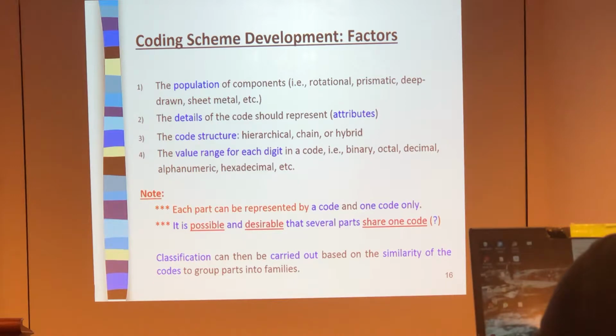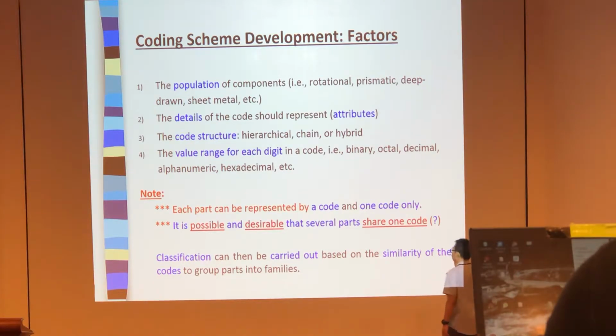That's the first requirement. And the second one, a part can only have one code. You're not undecisive, for a certain digit you don't know which is which. That's not right. A part must be represented by one code and one code only.